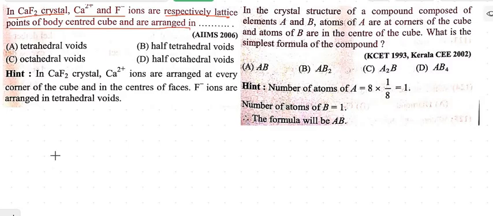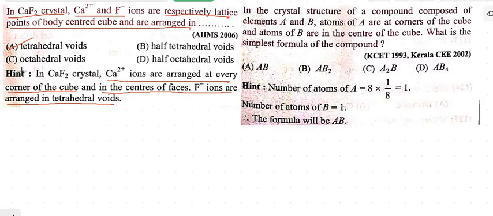So if you typically see a CaF2 crystal, what you will find is Ca+2 ions are arranged at every corner of the cube, and in the centers of the faces you are going to find the F- fluoride ions. Okay, and you know this, if you join one of the corners and three faces together, what you are going to get is tetrahedral voids. So what is your answer? Your answer will be tetrahedral voids.